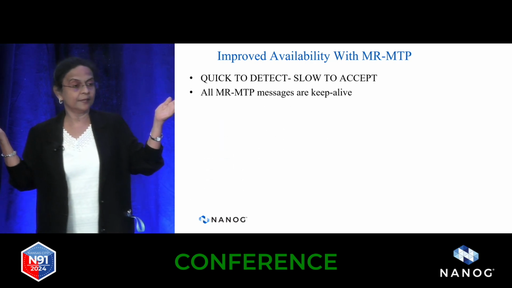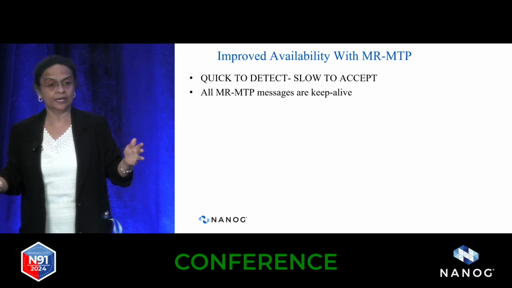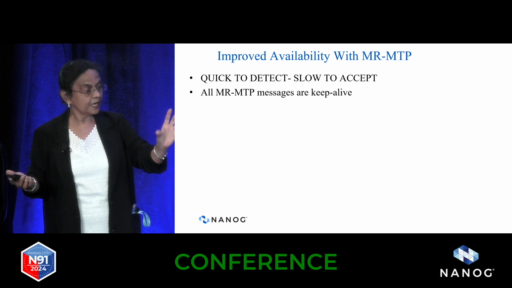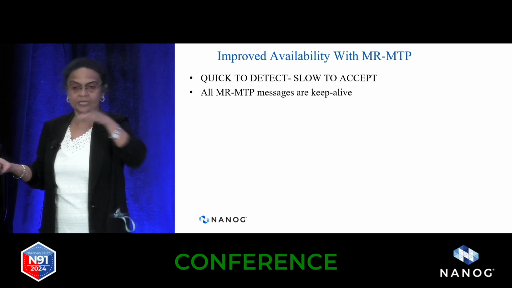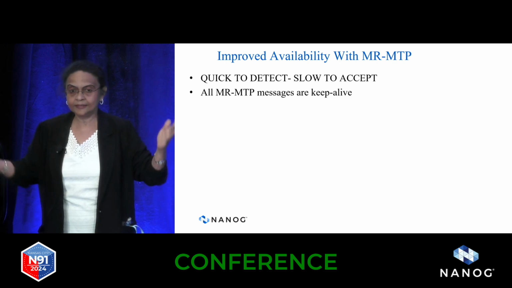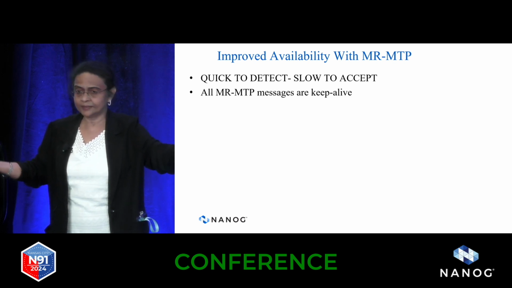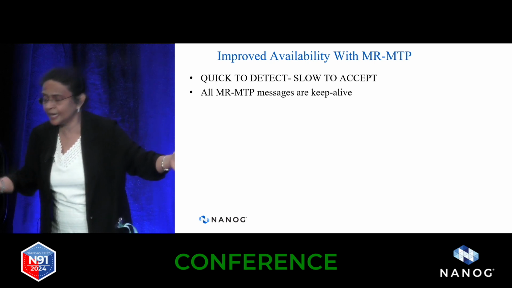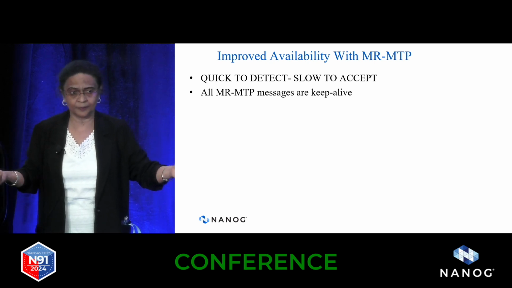All MR-MTP messages are keep alive. I don't have to use a specific hello message because every message that is being sent between these routers has an MR-MTP header, and that is an indication that the router at the other end of the point-to-point connection is alive. I don't need a special hello message.